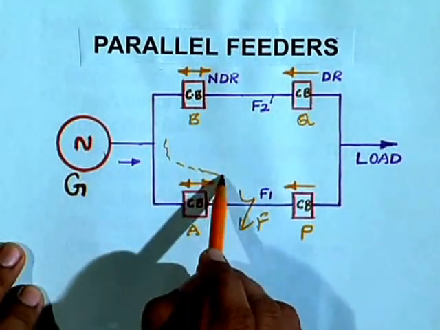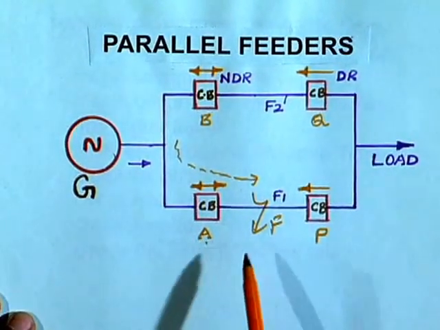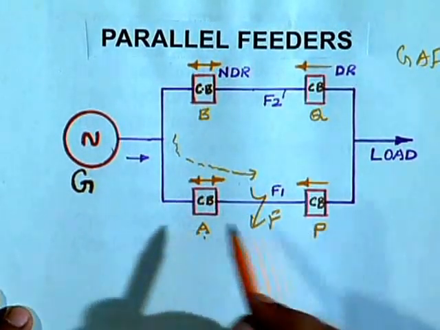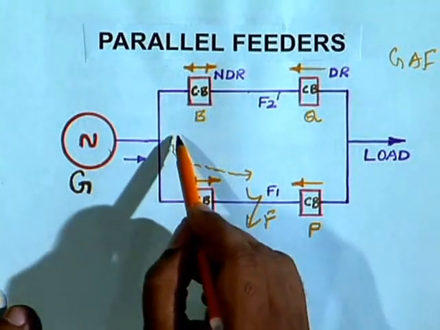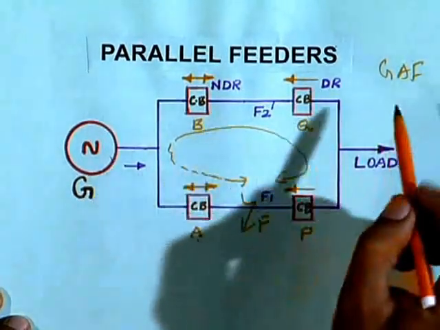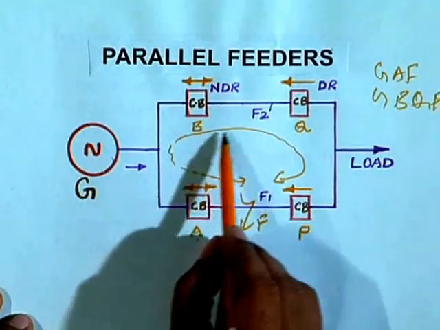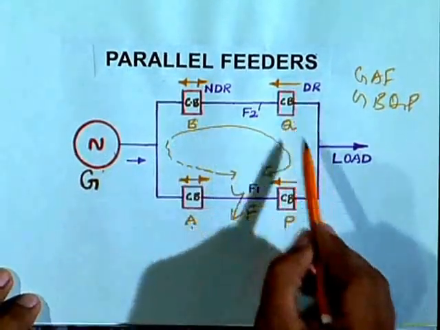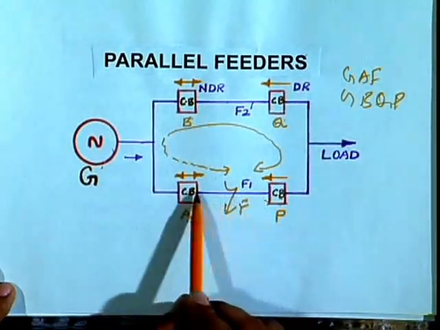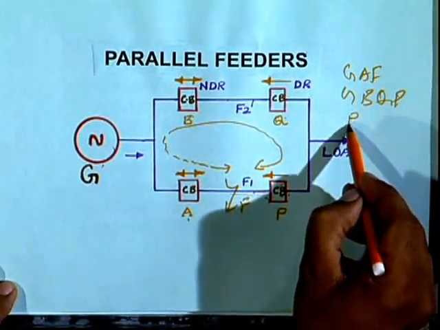One is the forward direction, the current flows from G to A to F, that is G A F. Again, the current also flows like this, from G B Q P. So when the current flows through P in a reverse manner, instead of the normal direction, the relay P will operate.